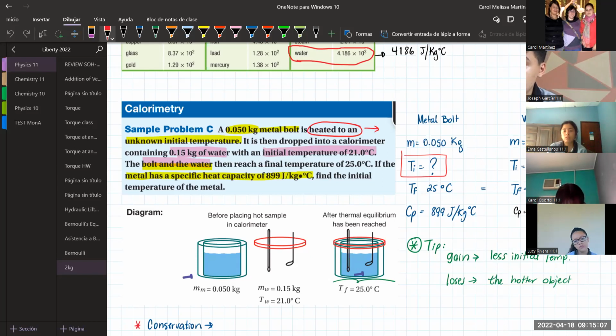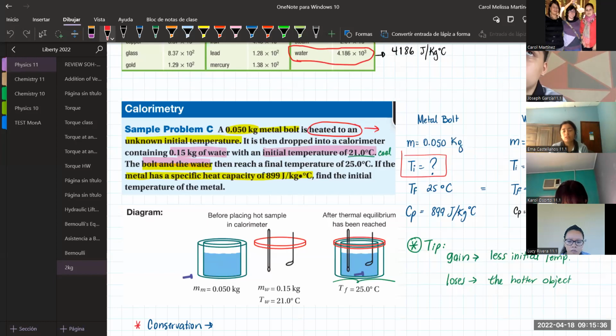If we are at 21 degrees Celsius here in San Pedro or in Villanueva, you're going to be wearing a sweater. So 21 degrees Celsius is a cool temperature, and from the two objects, the water is going to be cool.